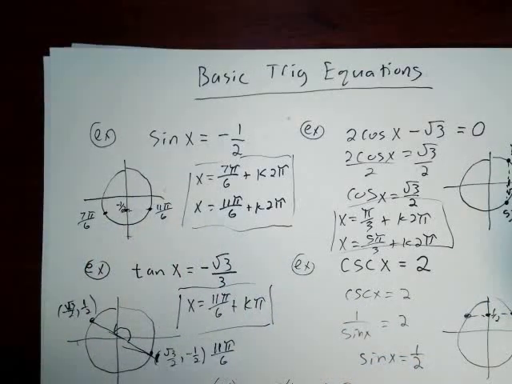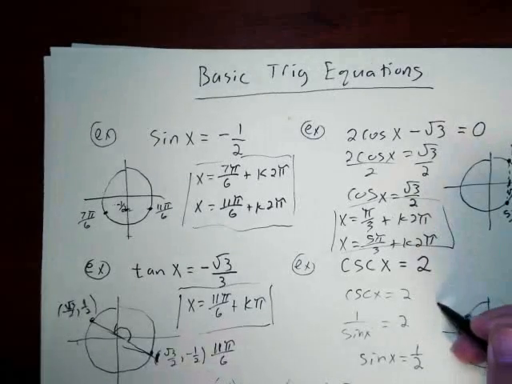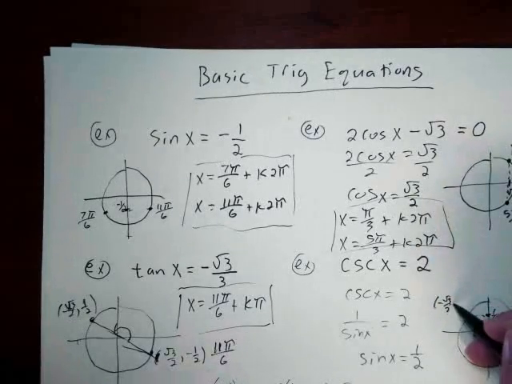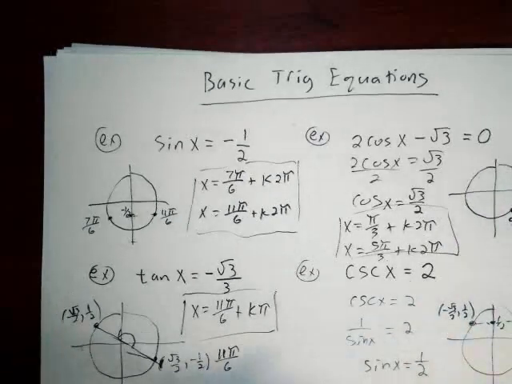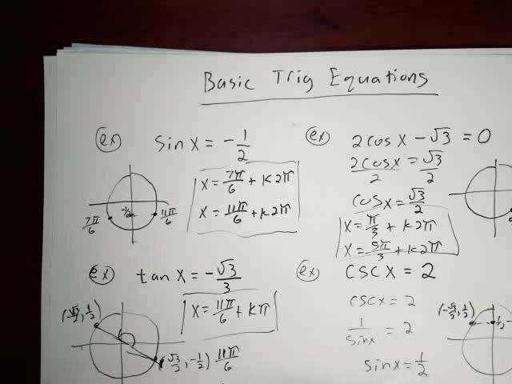So this is square root of 3 over 2, 1/2, and this is negative square root of 3 over 2, 1/2. And the y coordinate is what you're interested in. I guess I didn't have to write those ordered pairs out. The reason I wrote the ordered pair out for this one is because I had to put in the x and the y in here to see if it was the right solution, okay?